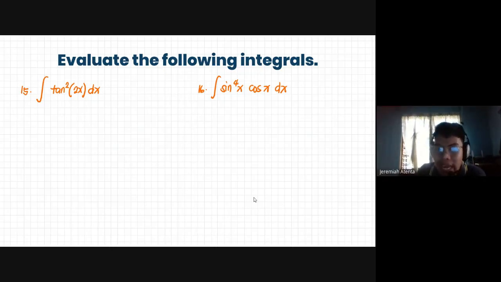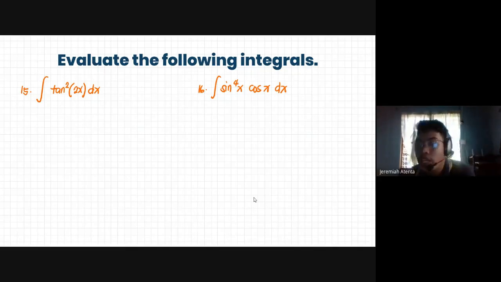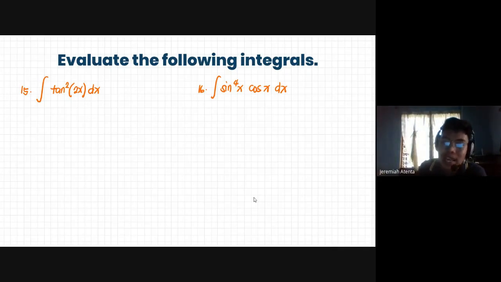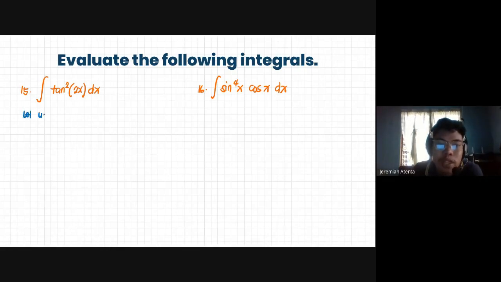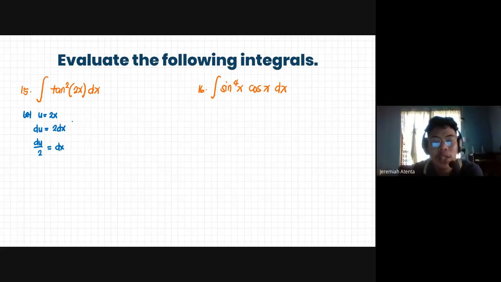But we can express tangent squared into something else, right? But we will first let 2x be u. Okay? So we let u be equal to 2x. So that will become du equal to 2 dx, right? So from that, we have du over 2 is equal to dx. Kasi dx lang naman itong nandito.